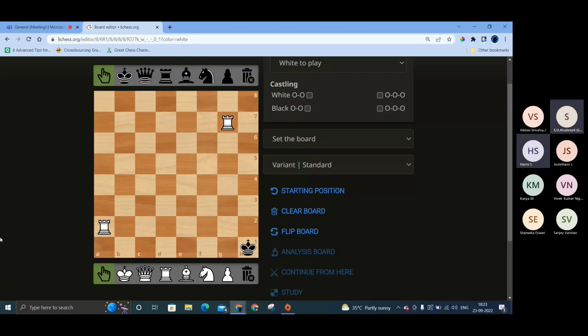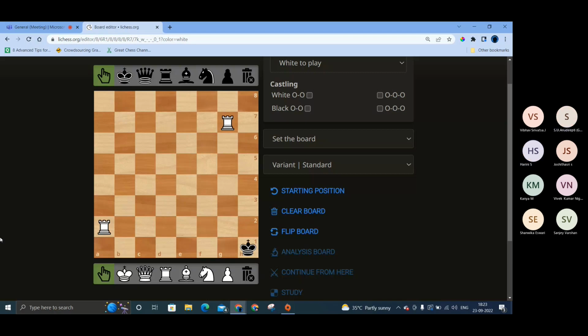King move H2. Okay, check H2. Can it move? No, ma'am. Okay, where else? King move H3. You check H3, it cannot jump, right? Can a king jump from one square to another square?